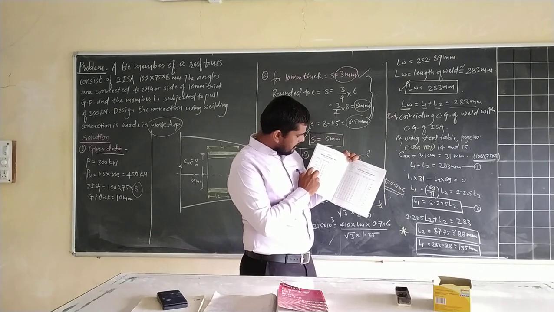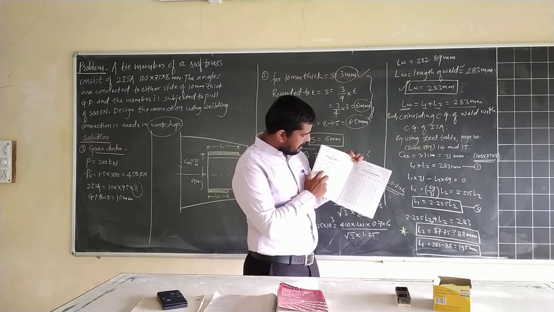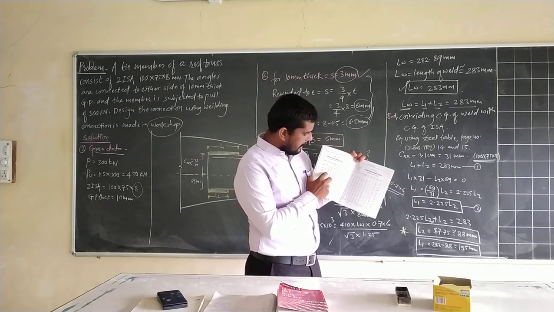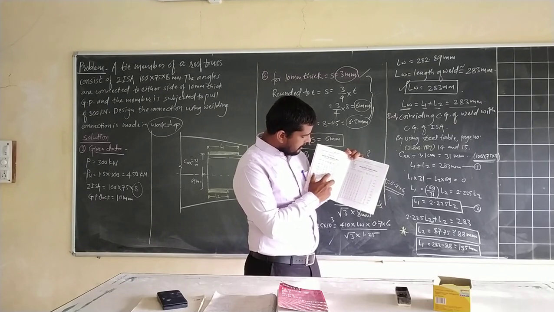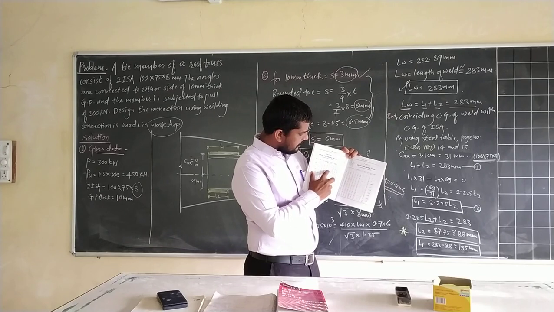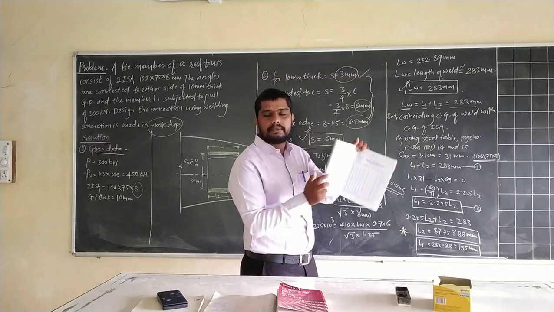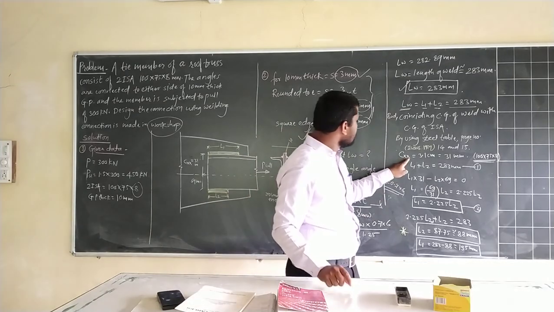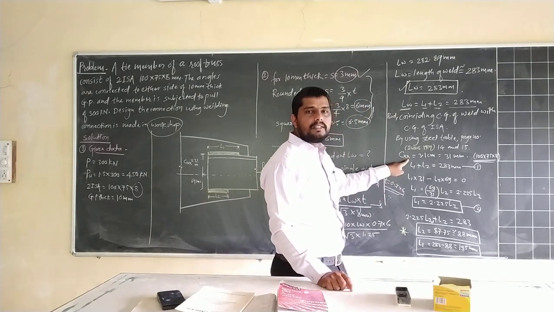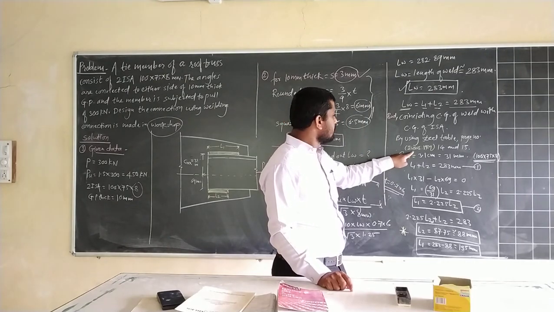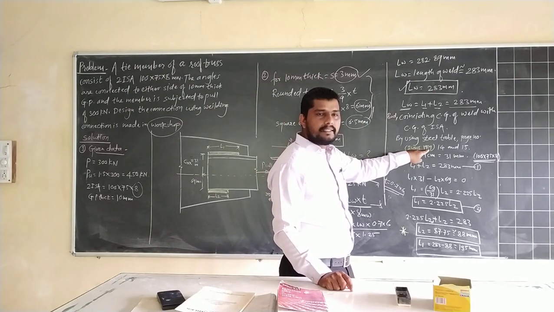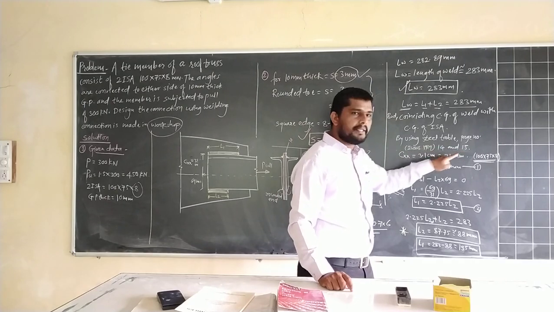So for Indian standard angle section 100 by 75 by 8 mm, where 8 mm is the thickness, Cxx, the centroid along the XX axis, will be 3.1 centimeter from this steel table. So this value we take from the IS 808 1989 steel table, page numbers 14 and 15.